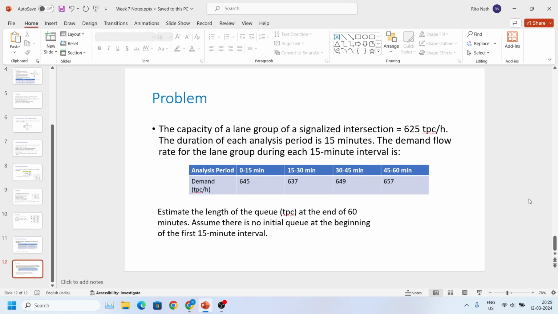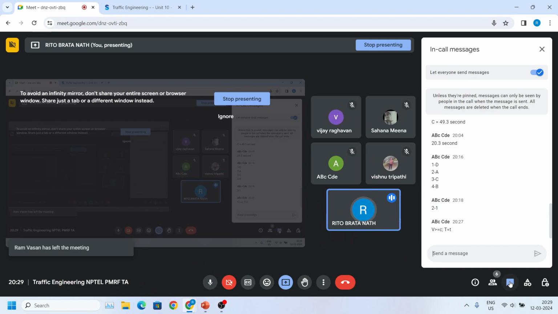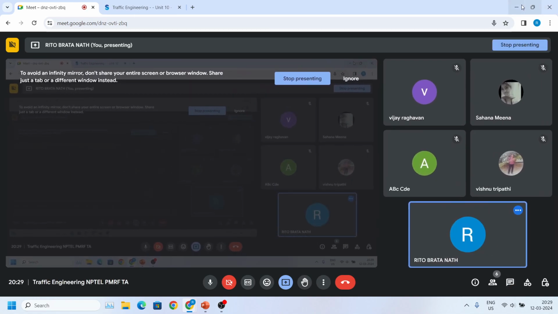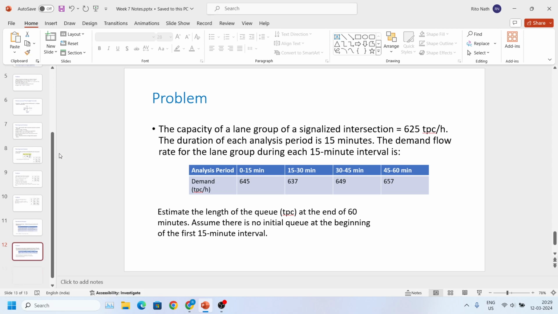So T is the duration. Okay, I'll write it down, but let's see if anyone sent anything. Yeah, V greater than or equal to C, that's correct. T is equal to T. Okay, so I'll move to the next slide.